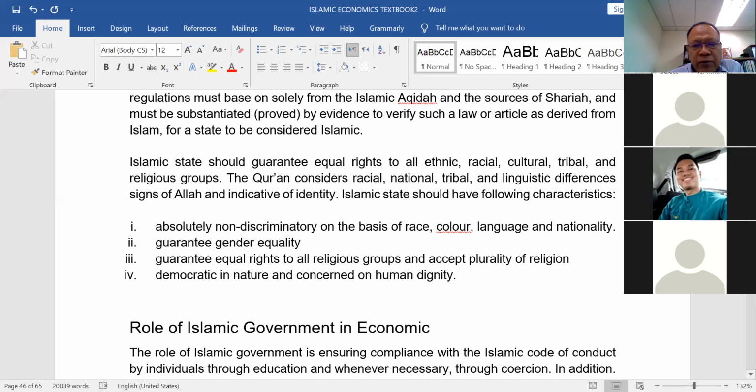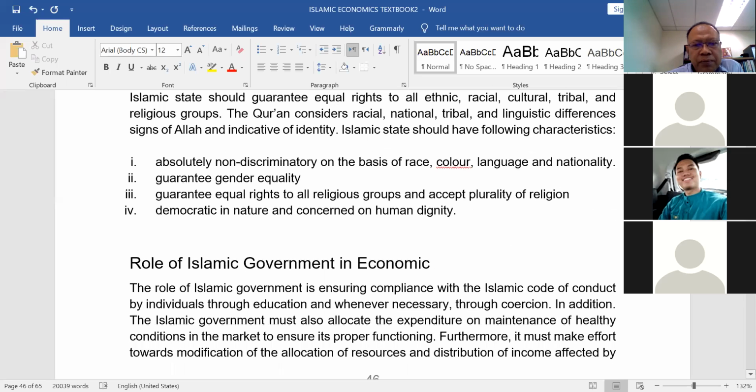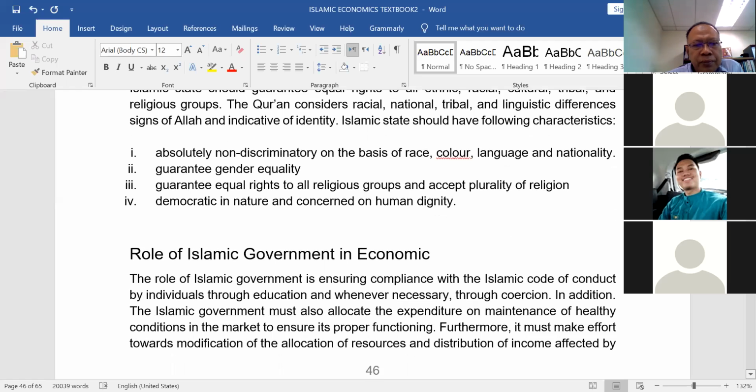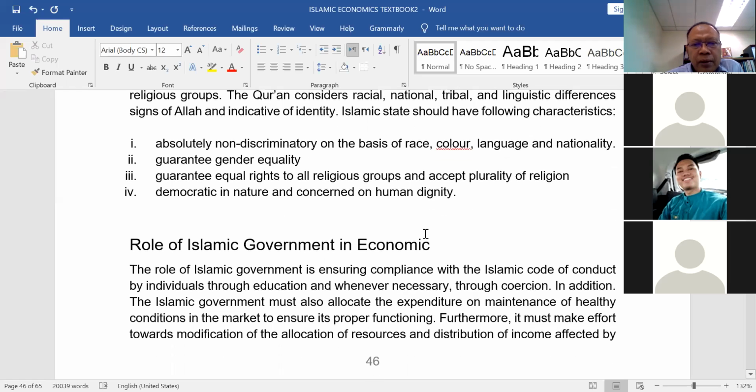Role of Islamic government in economy. The role of Islamic government is ensuring compliance with the Islamic code of conduct by individuals through education and whenever necessary through coercion.